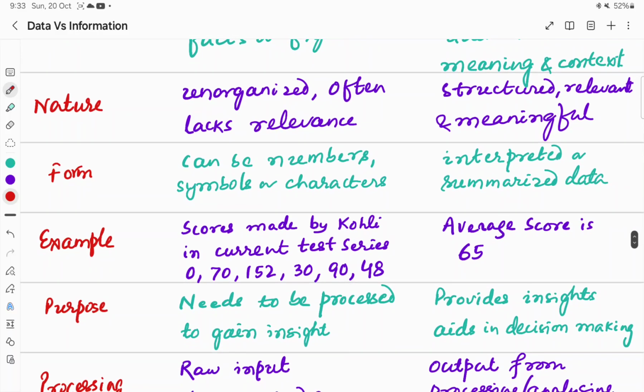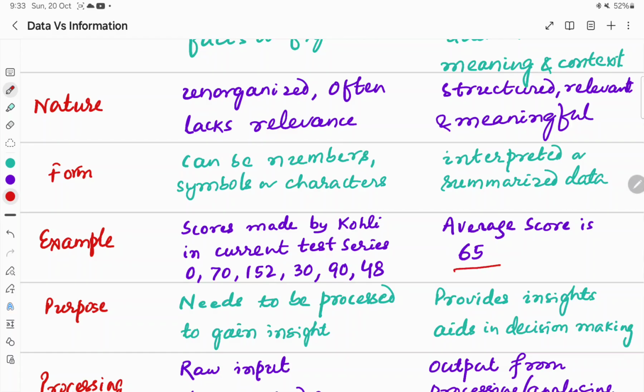If you take the examples, say scores made by Kohli in the current test series, say in 6 innings, 0, 70, 152, 30, 90, 48, 6 scores in 6 innings. Then we calculated the average score in this series, say 65.